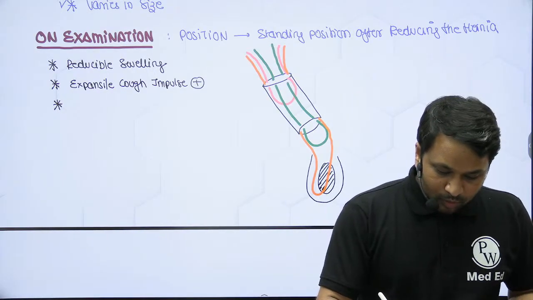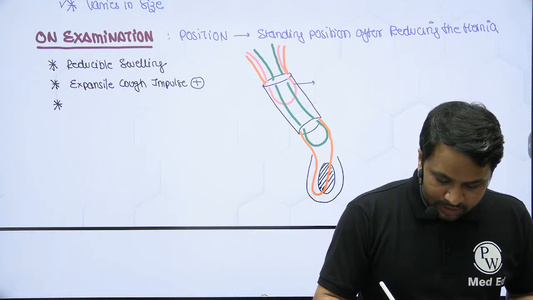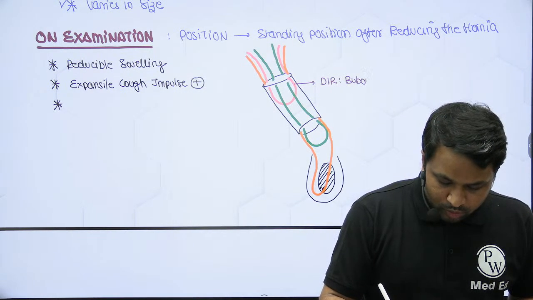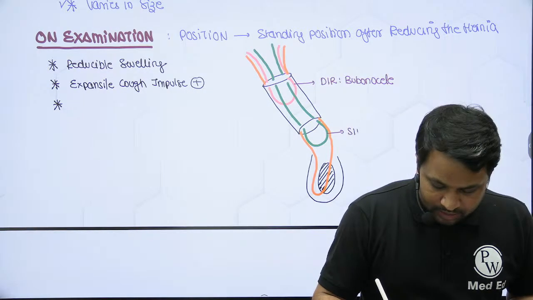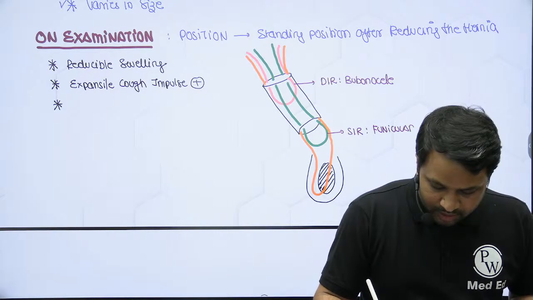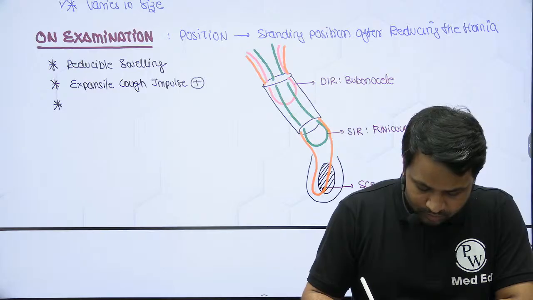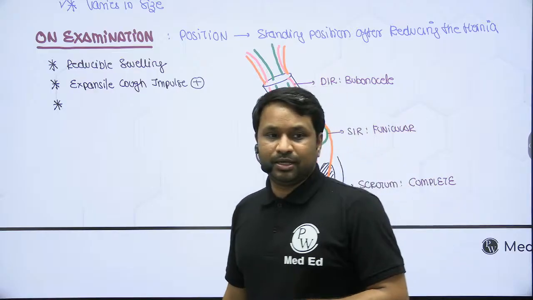So based upon whatever I've described, if it is reaching the deep inguinal ring, we call it a bubonocele. If it reaches the superficial inguinal ring, we call it the funicular variety. And if it reaches the scrotum, it is called a complete inguinal hernia.